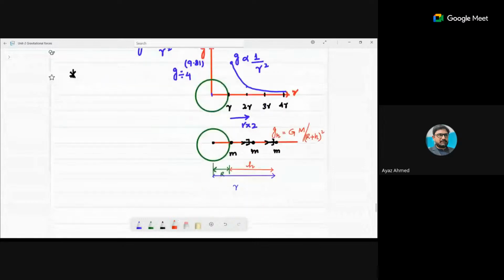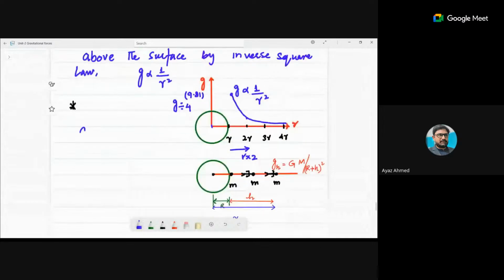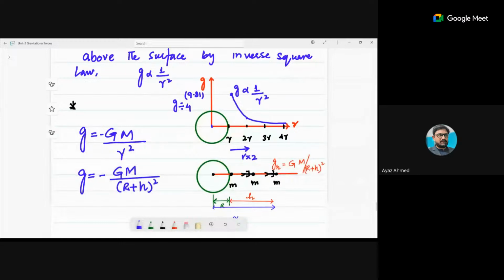Because when I put this all in my calculations, as I told you, g is equal to G m divided by small r square. The mass of the planet is not changed, and this is your capital R plus h whole square.